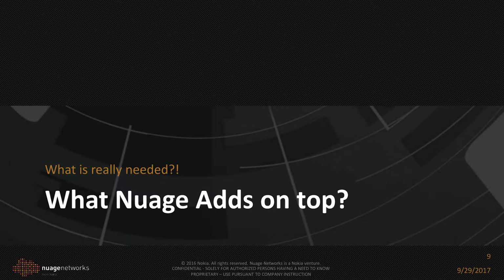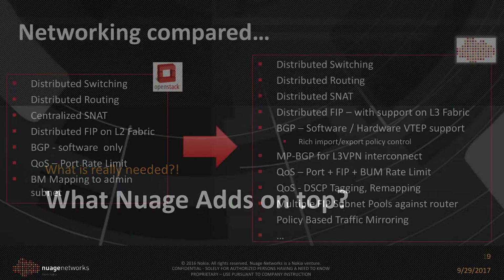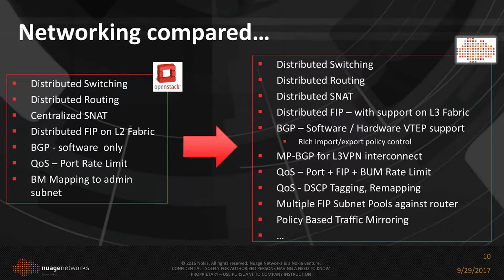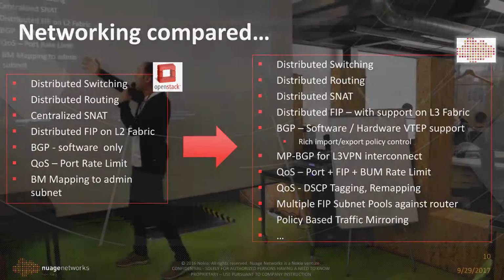So let's see what Nuage adds in terms of functionality, in terms of features, to a standard OpenStack. I just put some of the common features that come from native OpenStack. So you do already have distributed switching, routing, even if the architecture is a little bit more complicated.